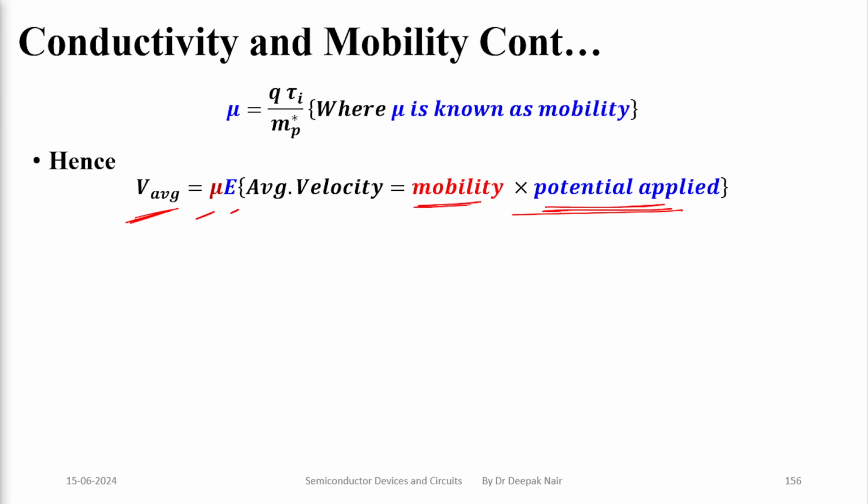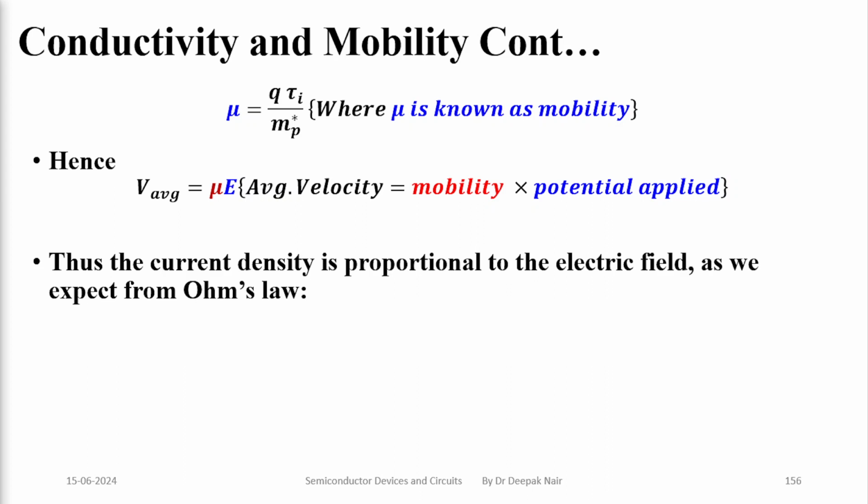So average velocity is directly proportional to the mobility of the charge carrier and also the externally applied field. To achieve higher velocity, you should have a higher electric field applied to the semiconductor, which is relevant to Ohm's law also.